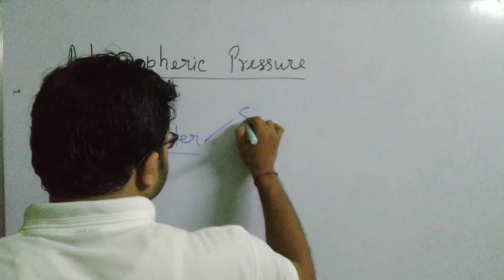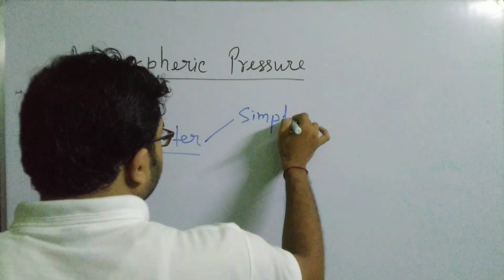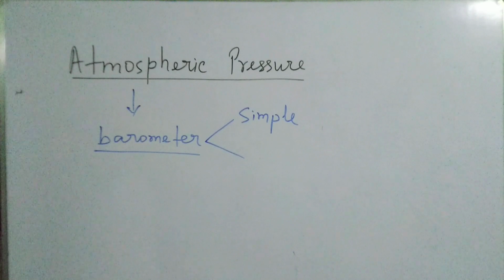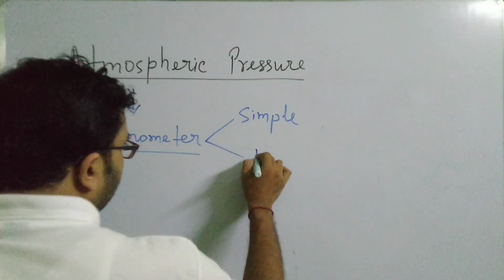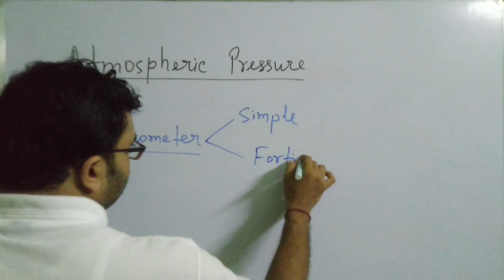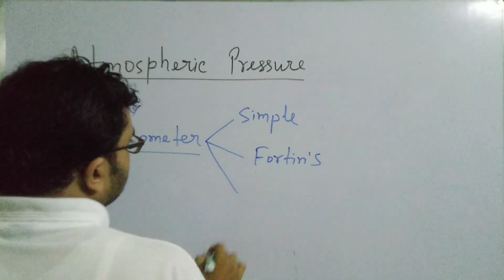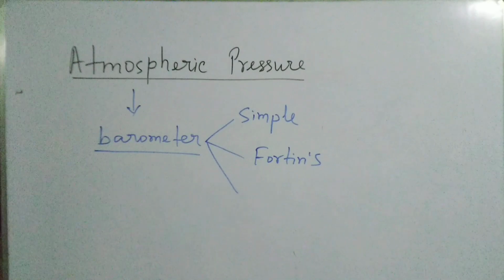One is called the simple barometer. The second is called the Fortin barometer, and the third one is the aneroid barometer.